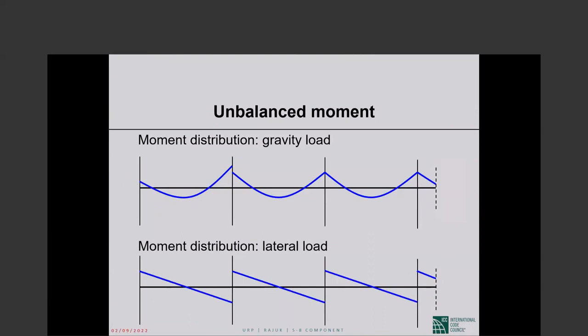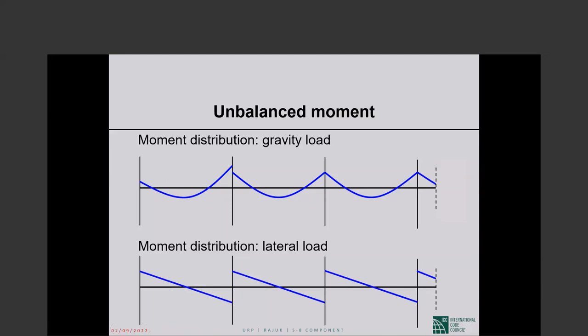When you combine, you will have very significant unbalanced moment transfer at every support section, because the unbalanced moment due to the lateral loads is the sum of the moment on one side of the support and the moment on the other side of the support.